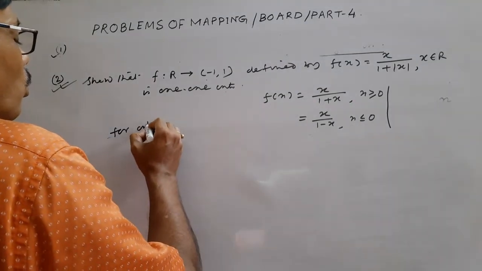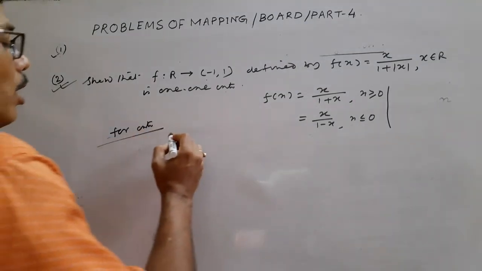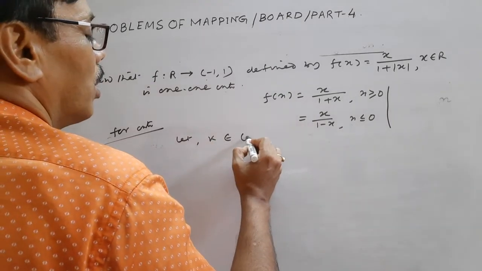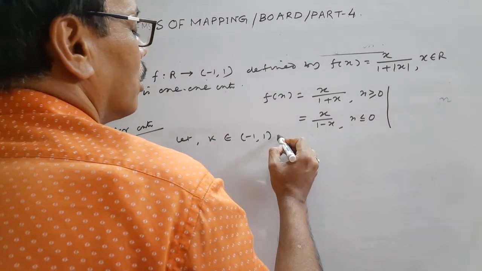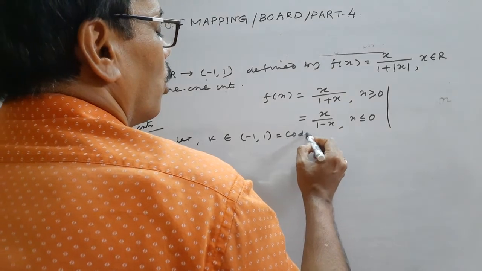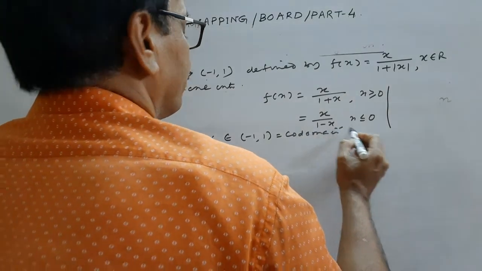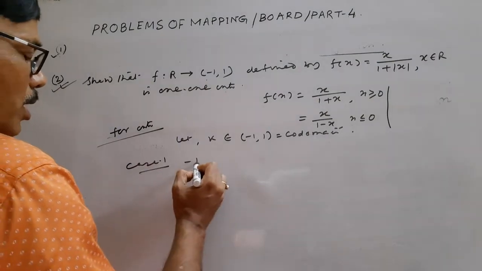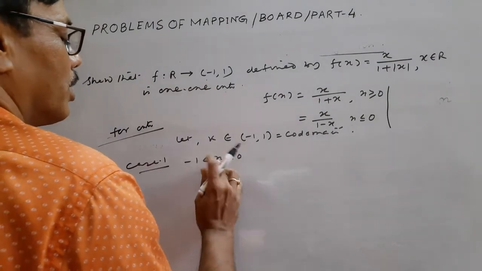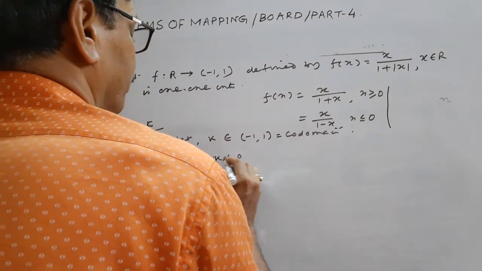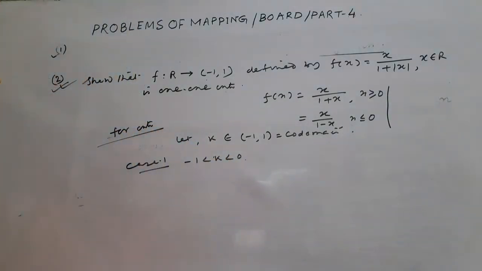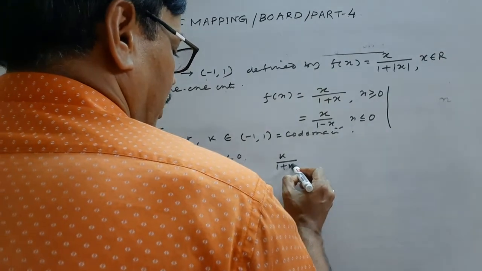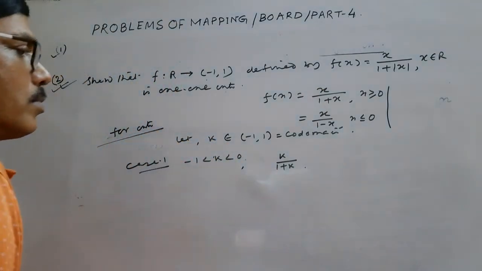For onto, let k belong to the codomain, minus 1 to 1. Case 1: minus 1 less than k less than 0. Consider k by 1 plus k.